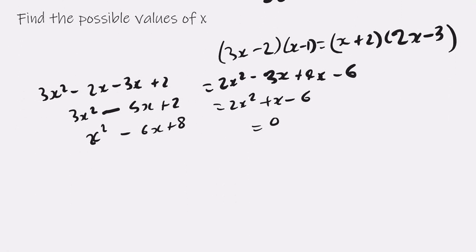Factorize that to get x minus 2, x minus 4 equals 0. In order to equal 0, either x minus 2 equals 0 or x minus 4 equals 0, because any number times 0 equals 0. So x would equal 2 or x equals 4. And that would be the solution for that question.